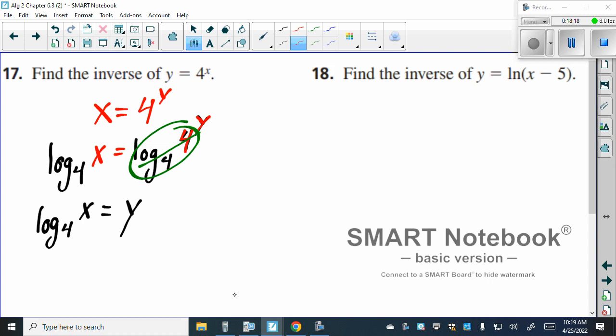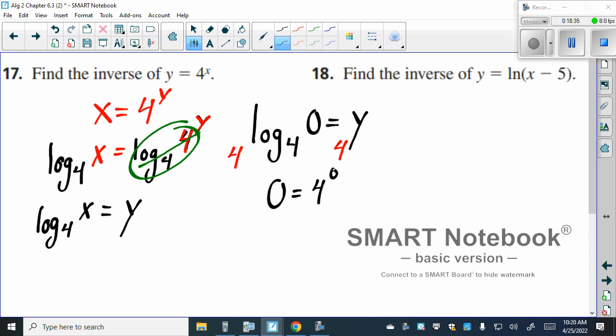Now to emphasize that point, if we said log base 4 of 0 is equal to y, applying the 4 to get it back to an exponential, we're trying to say 4 to what power is 0?